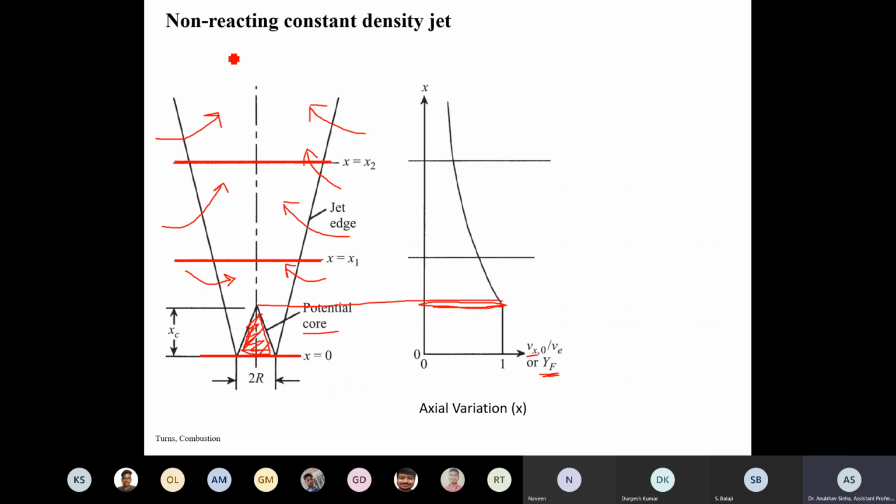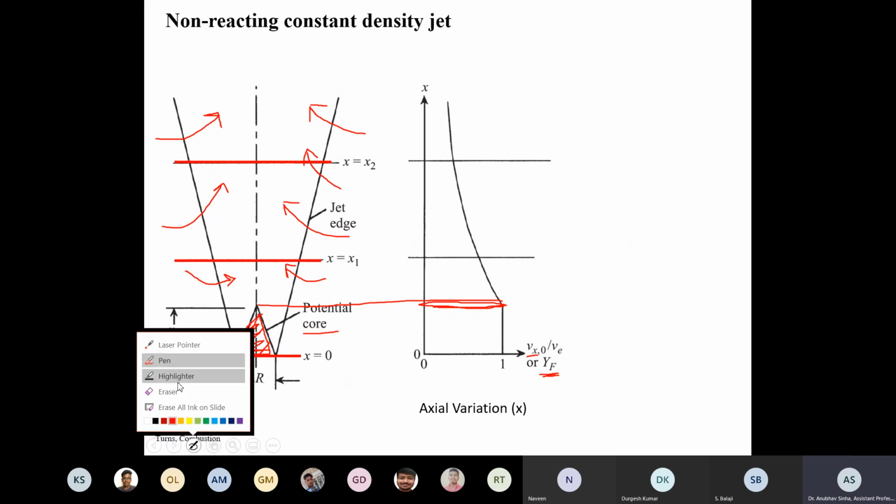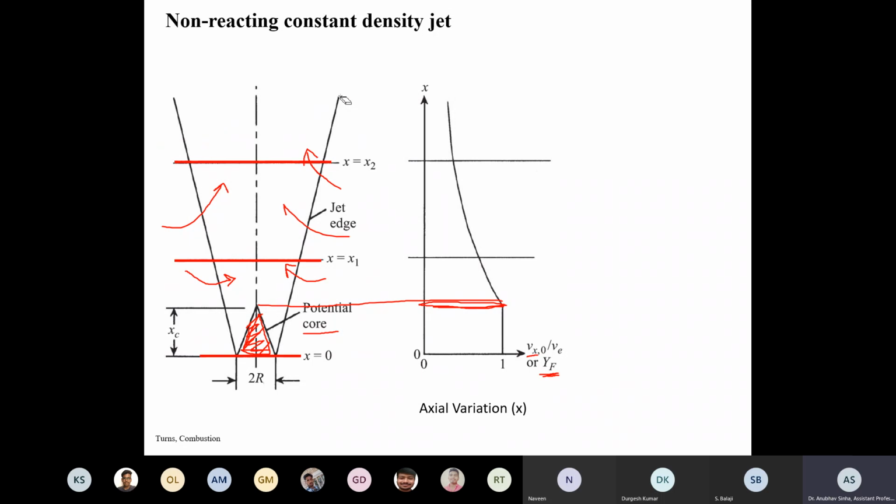Now let us look at these planes. Air entrainment, I believe you have all understood. Let us talk about these three planes.